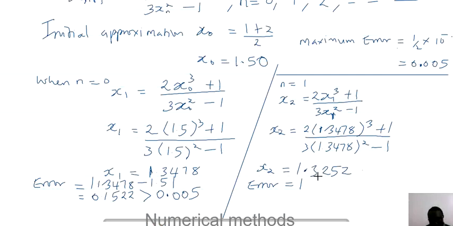So we have 1.3252 minus 1.3478 magnitude. So this error is equal to 0.0226, and this error here is greater than the maximum required error. So that means we are still continuing.